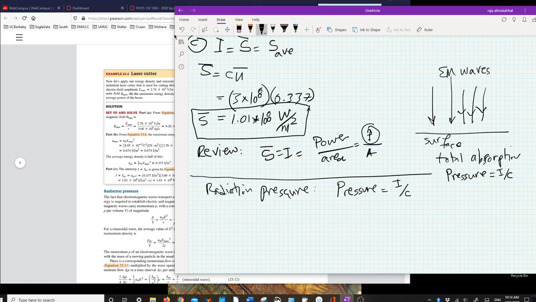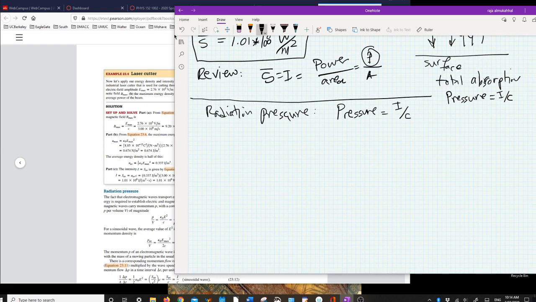However, let's say that the surface was a reflective surface, say a mirror or something metallic, where it does not absorb anything, it reflects it completely. Let me draw a picture of that. Here is the surface, and here are the electromagnetic waves on it. As they hit the surface, all of them are reflecting in this fashion.